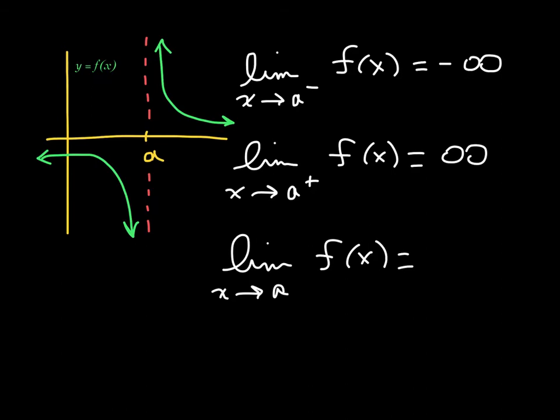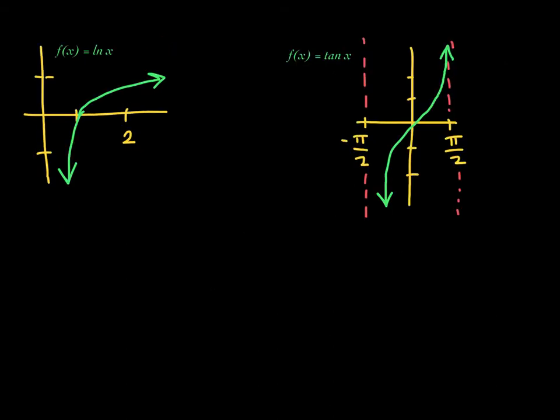Now, that's a weird looking infinity symbol. Because these differ, because the function values are headed in different directions, we're going to say the two-sided limit does not exist. I hope you did well on that one. I'm sure you did.